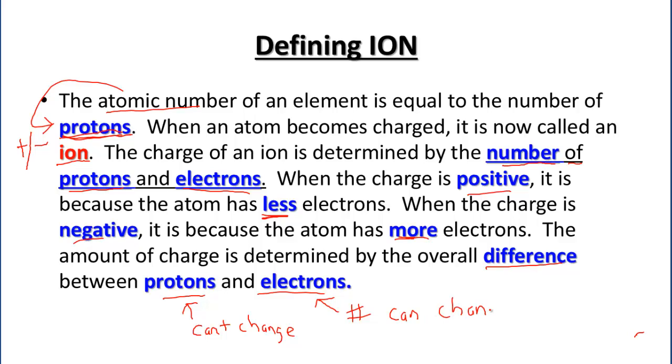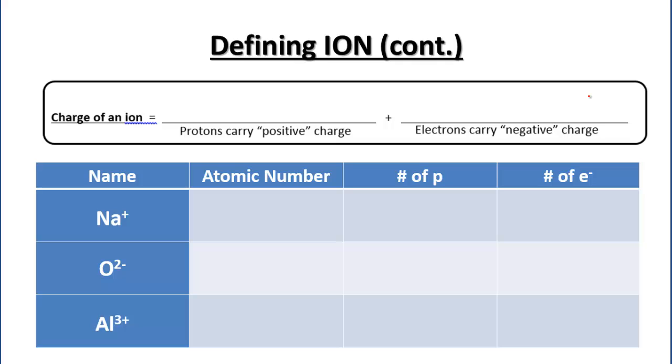So overall, if we're neutral, the positives equal the negatives. If we're an ion, then there is either more plus or more minus. So they do not equal each other for an ion. And so to look at that, we're going to look at the charge of the ion, the number of protons, plus the number of electrons. And I like to call it backwards math.